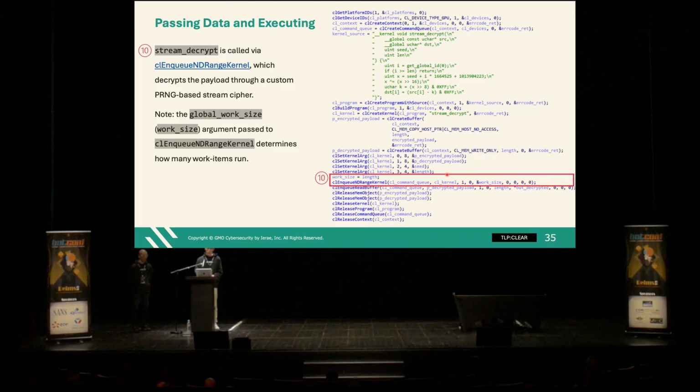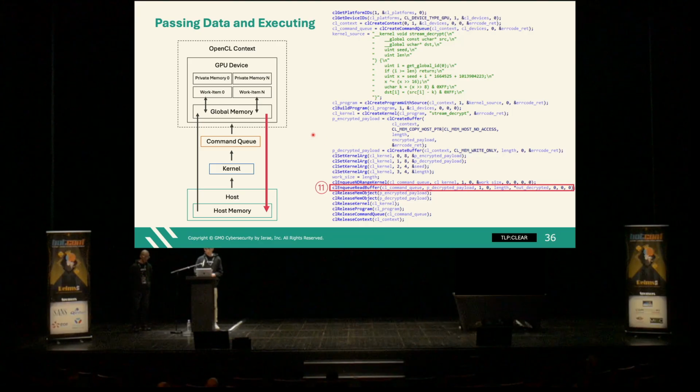This argument determines how many work items are run, so it's the same size as the payload length. You can imagine a ton of these kernels being executed in parallel on the device, and this means it can do the decryption incredibly quickly.